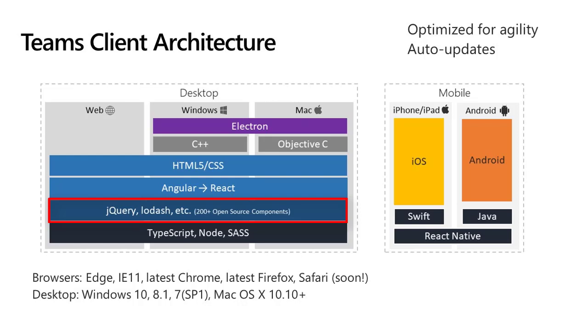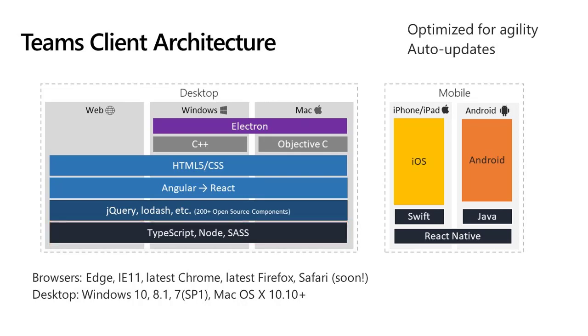We could not have built Teams without all these open source components. And I know there's over 200 because I actually was the one who signed off on all of them. And below that is TypeScript, which compiles into JavaScript, and Node. We actually run Node on the client, and Sass for handling our style sheets.